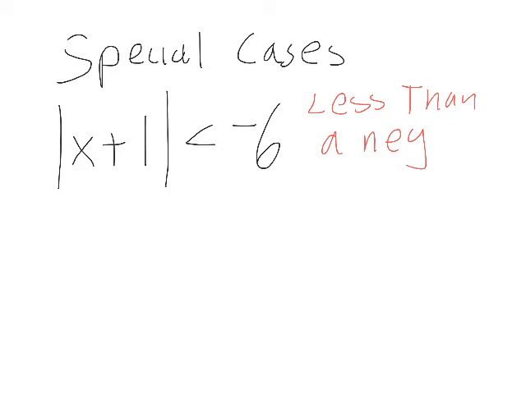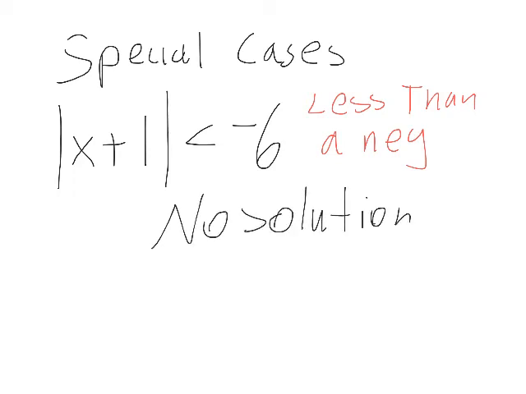Let's think about that. What types of numbers are less than -6? They're also negative, correct? So it can't be less than a negative number. This is a no solution. So if you have absolute value less than a negative number, you get no solution.